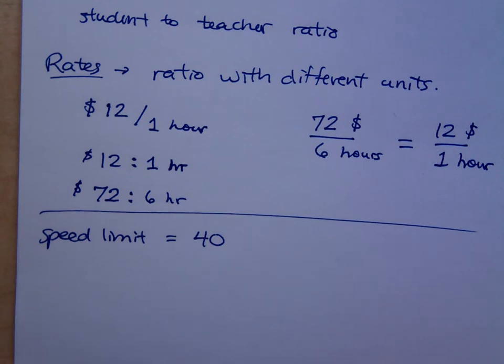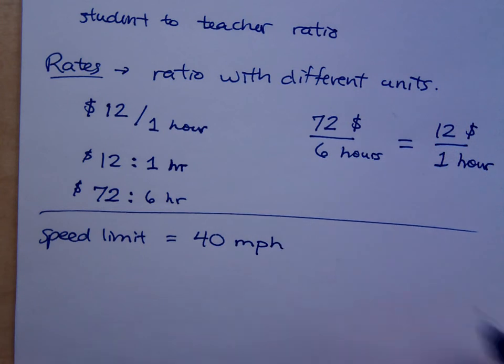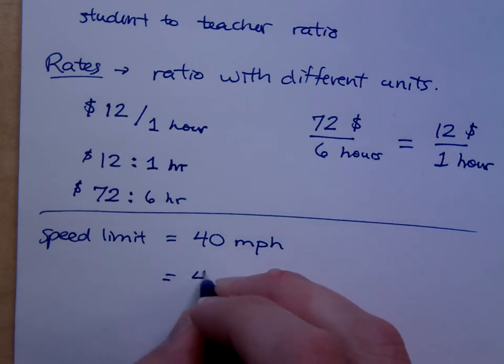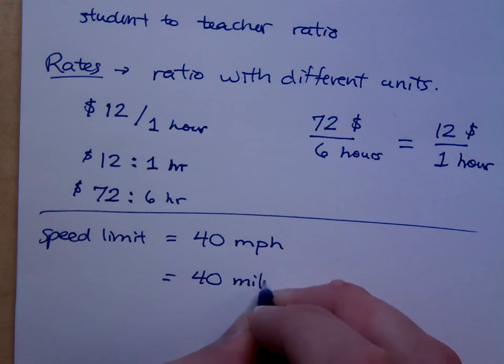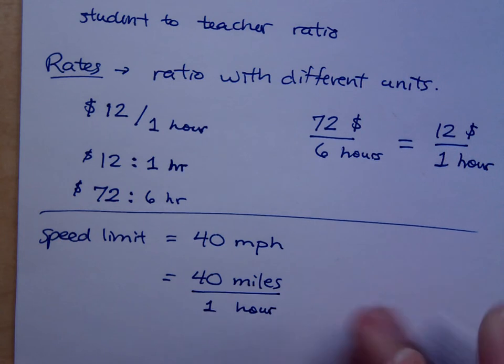Have I ever stressed to you guys that units are important? So you would say miles per hour. We write MPH, but we understand that what this really is is that you can travel at a rate of 40 miles per 1 hour. That is the posted speed limit, which you are never to exceed.